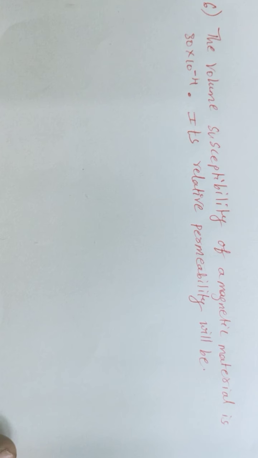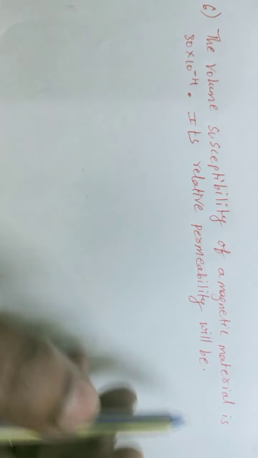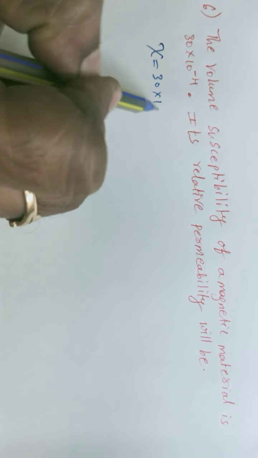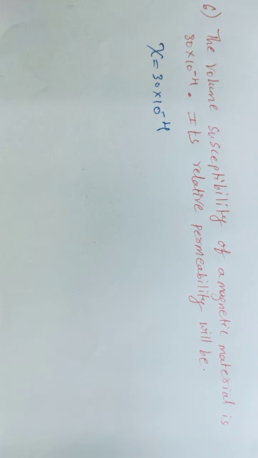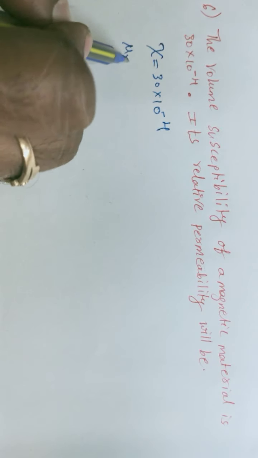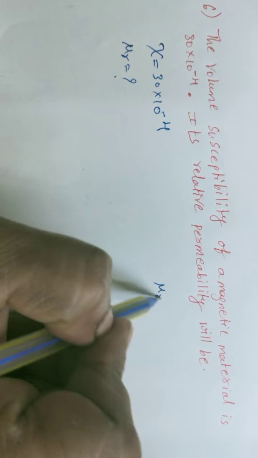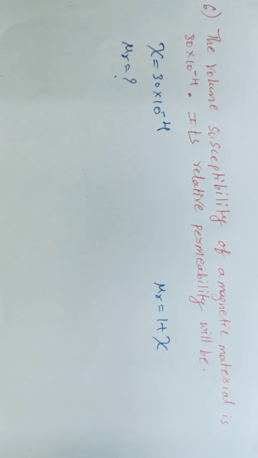In this class, this is the last problem I want to discuss, the 6th question in our prescribed material. The volume susceptibility of a magnetic material is 30 into 10 power minus 4. Its relative permeability will be? Recall mu r is equal to 1 plus chi.